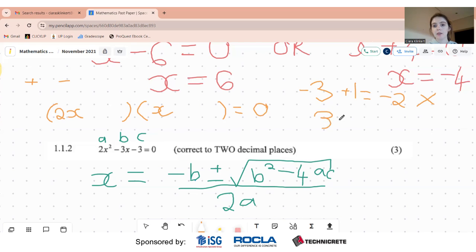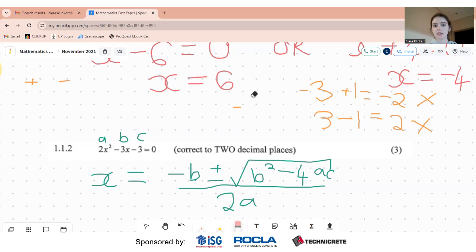Or I could say positive 3 minus 1, which gives me positive 2. And my middle term is not equal to positive 2. So do you see, no combinations of the factors of the constant give me the required middle term, which means that it's not factorizable. So we need to use the quadratic formula.